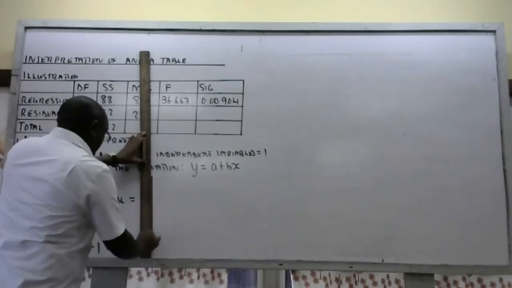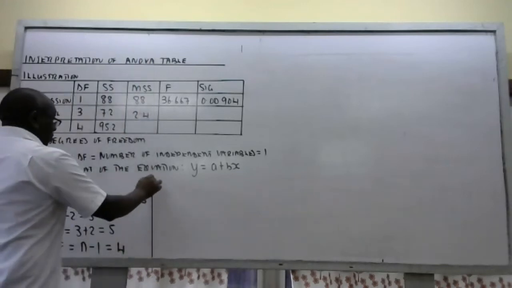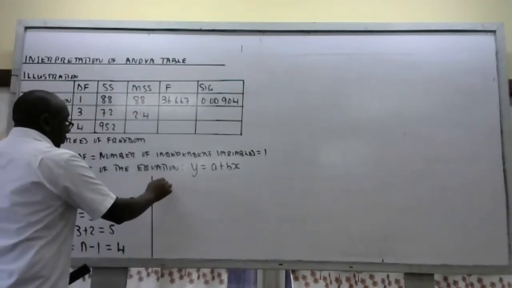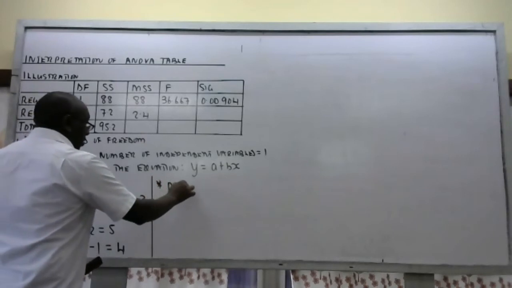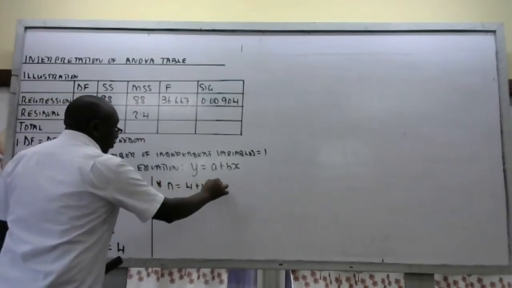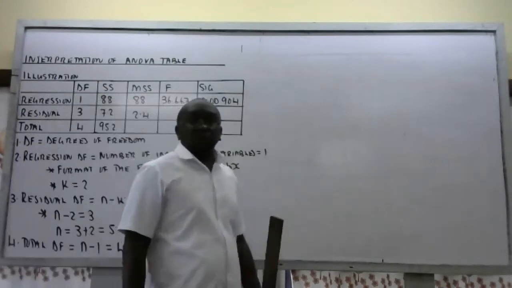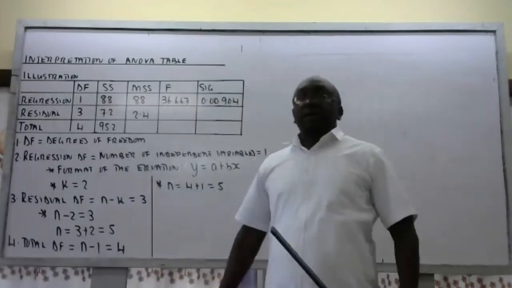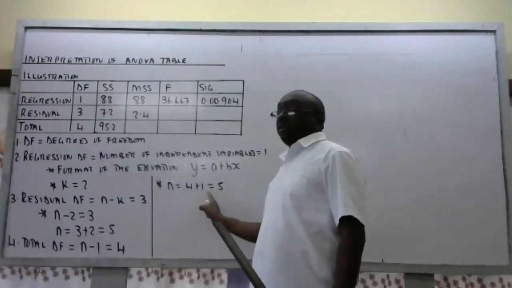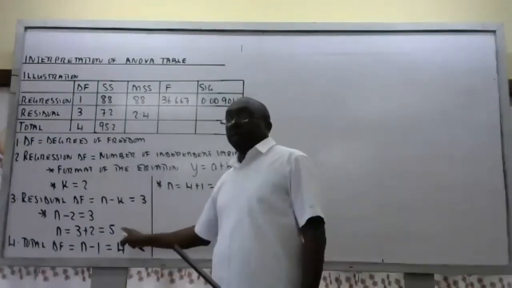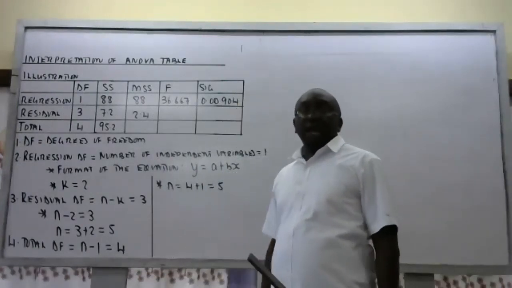And that means n will be 4 plus 1, so that again takes you back to n.